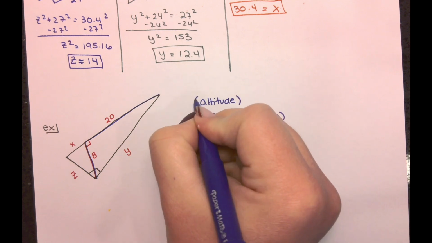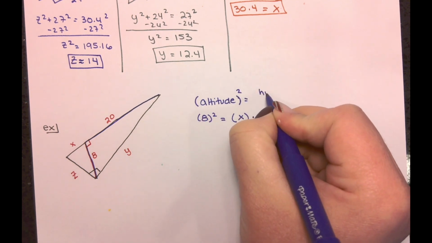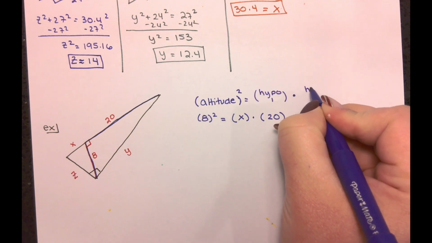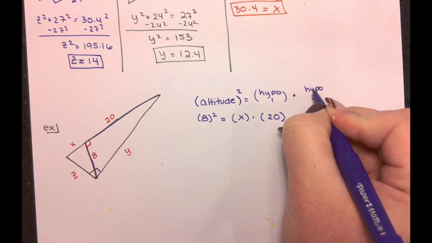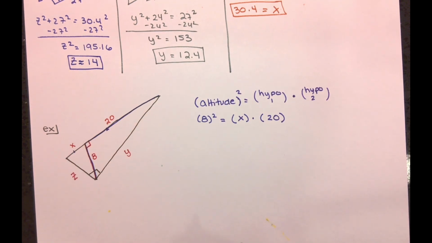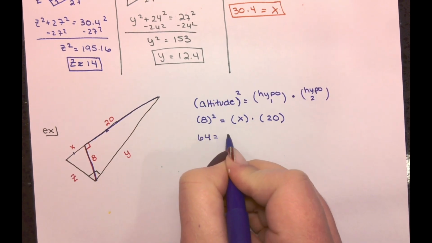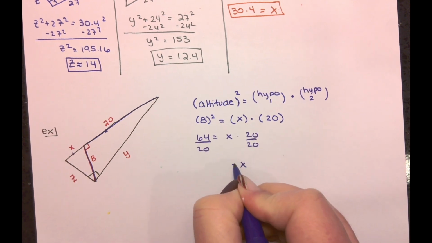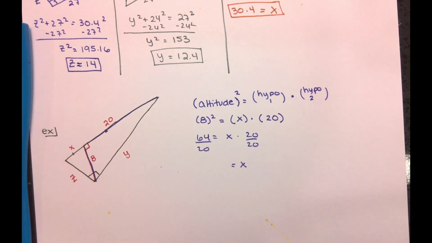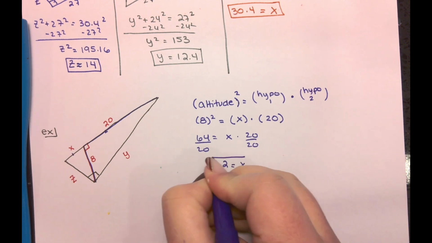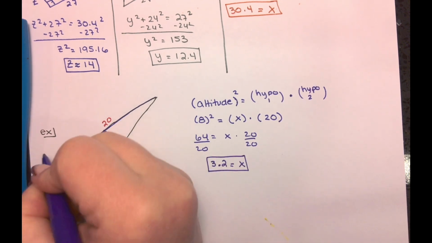So again, altitude squared is equal to the hippo chunk times the hippo chunk number 2. This is 1 and this is 2. Okay, so we got 64 is equal to x times 20, divided by 20. X is equal to, again, an icky number. These all will give you decimals, and that's okay. I get 3.2 as our x.